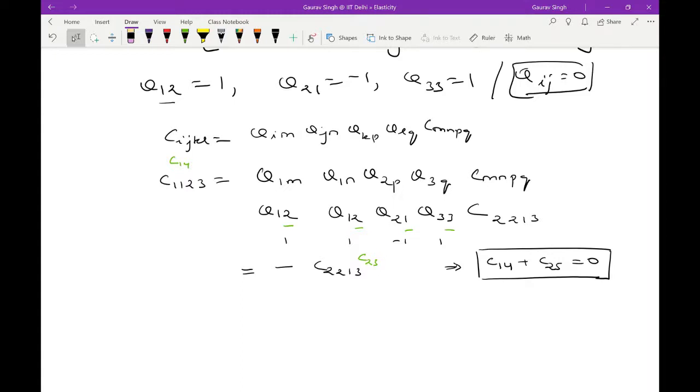Now let's try to reverse it. Let's see what this gives us. Let's try to do a C2213.